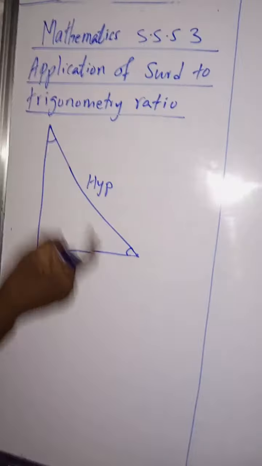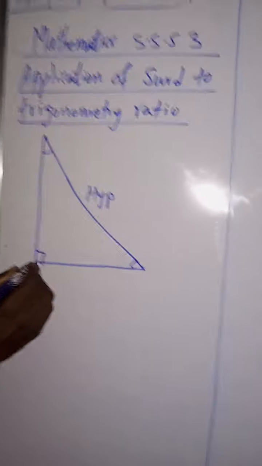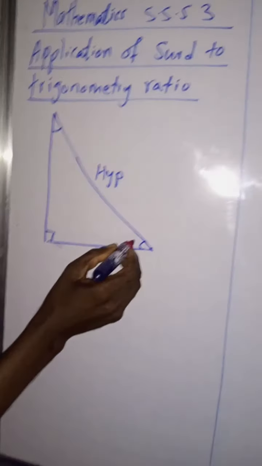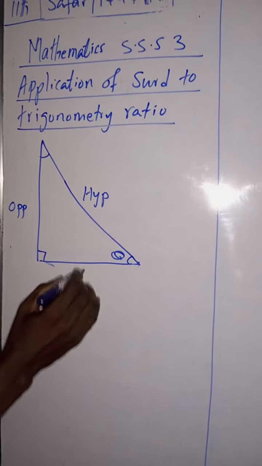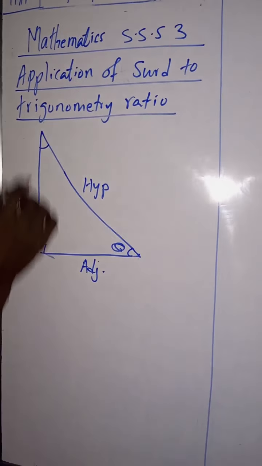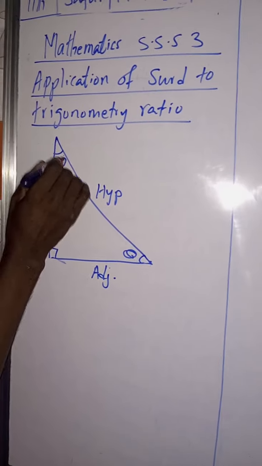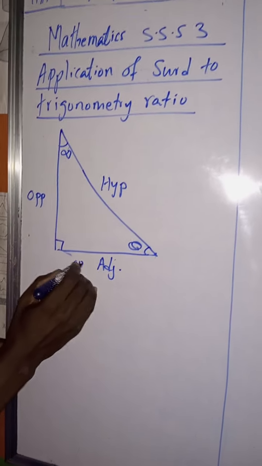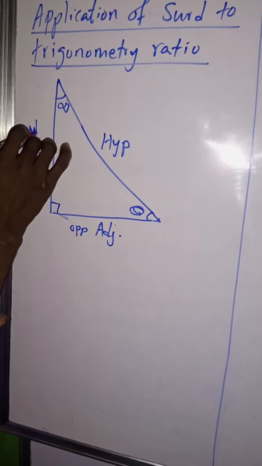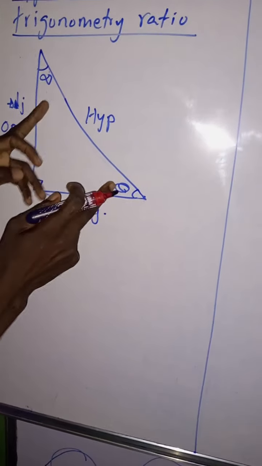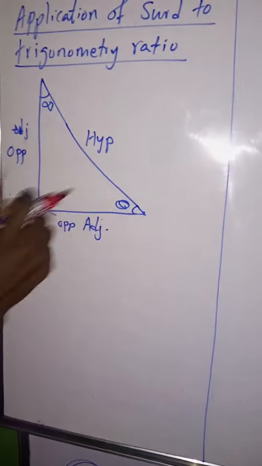Considering any angle, this is our 90-degree angle. If we are considering this angle, this will be our opposite, and this will be our adjacent. But if we are considering this angle, here will be our opposite, while this place will be our adjacent. So it depends on the angle we are considering.